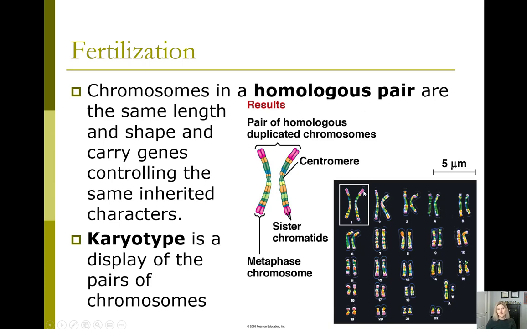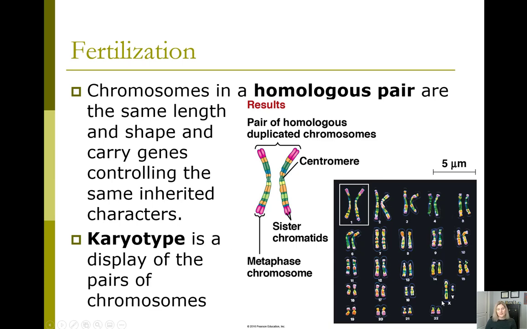So you got one copy from mom, one copy from dad of chromosome number 1. You got one copy from mom, one copy from dad of chromosome number 2. You got one copy from mom, one copy from dad of chromosome 22. So you actually have 23 pairs of chromosomes. 23 times 2 equals 46, so 23 pairs. So you have 2 copies of every chromosome.